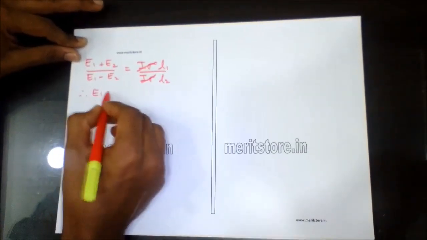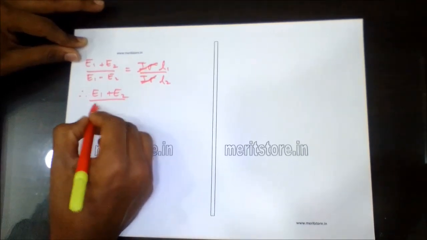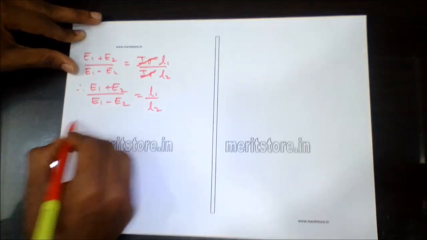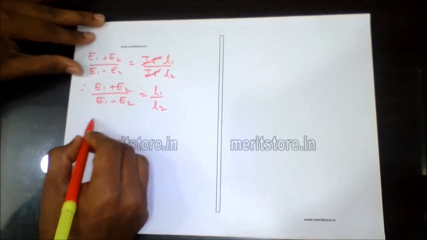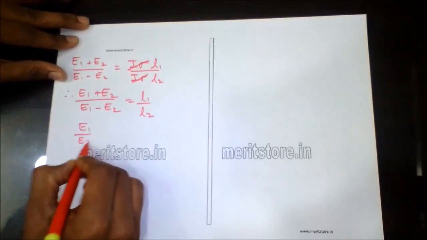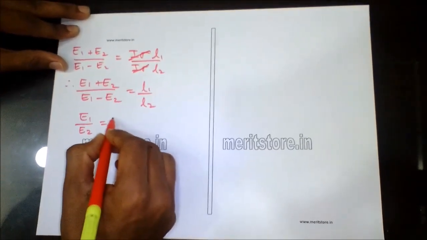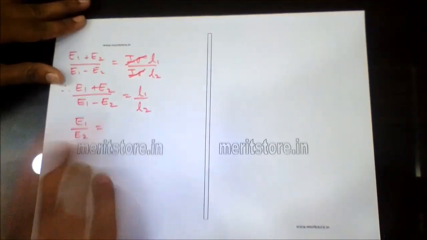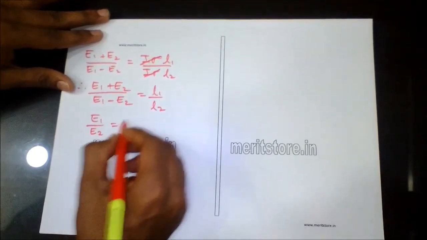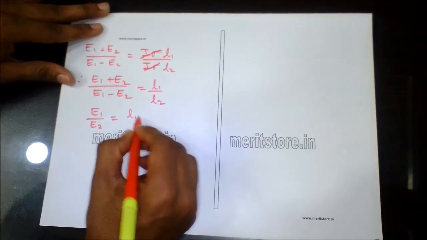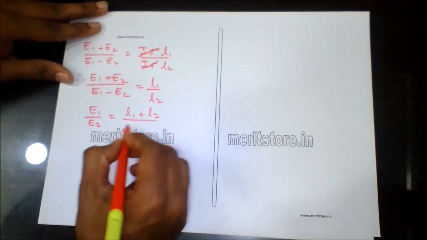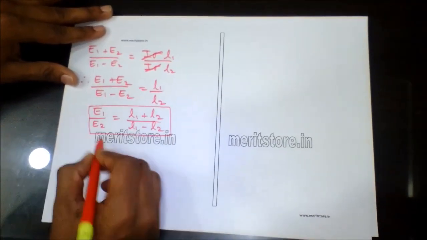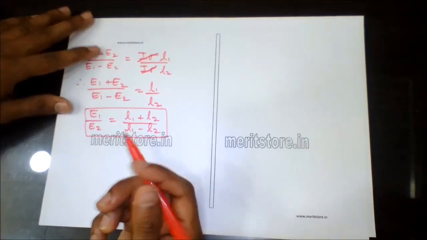Using componendo and dividendo, we can find the value as L1 plus L2 upon L1 minus L2. This equation can be used for comparing the EMFs of both cells.